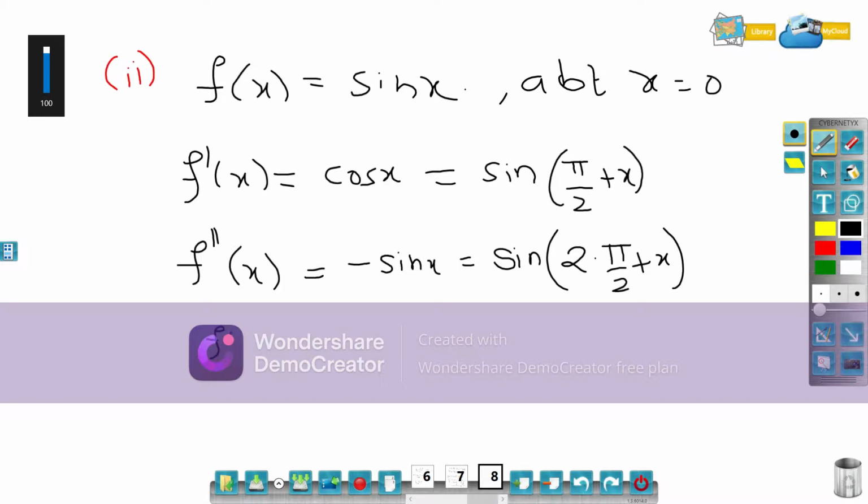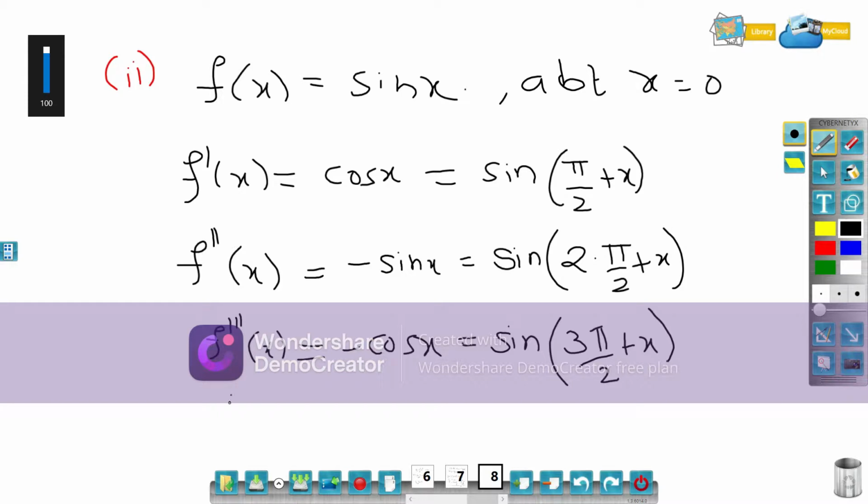F triple dash x is minus cos x, which is same as sin of 3 pi by 2 plus x.